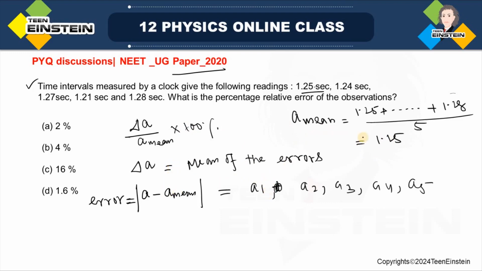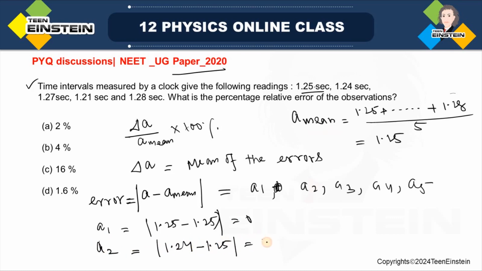Then I have to find out error for each and every one. See, A1 will be mod of 1.25 minus 1.25, that is the mean, so this will give you 0. Then A2 will be 1.24 minus 1.25, so this will give you 0.01. Like that, if you take the differences for all of them, you will get gradually.